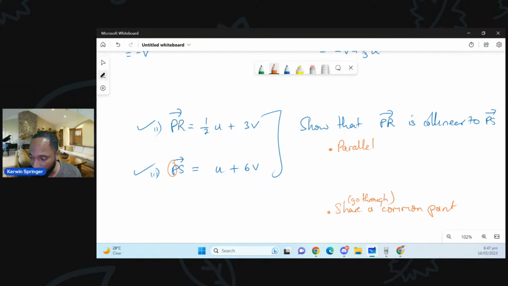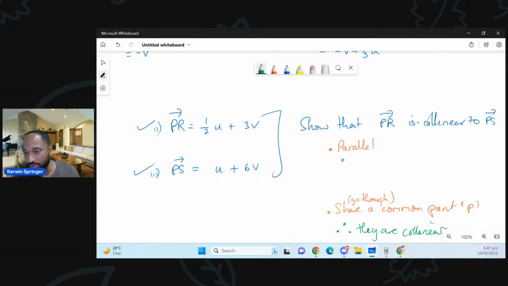The common point in this case is clearly P. So they share a common point P. Therefore, they are collinear.